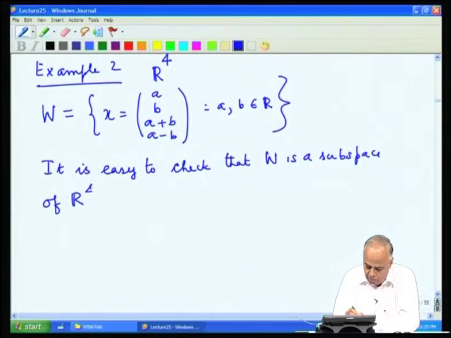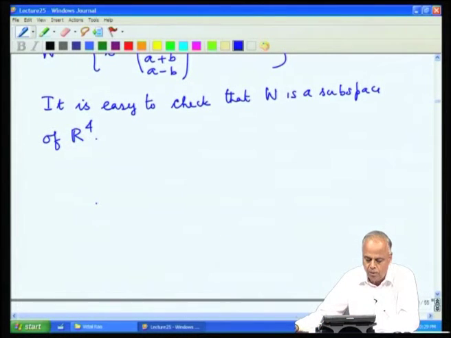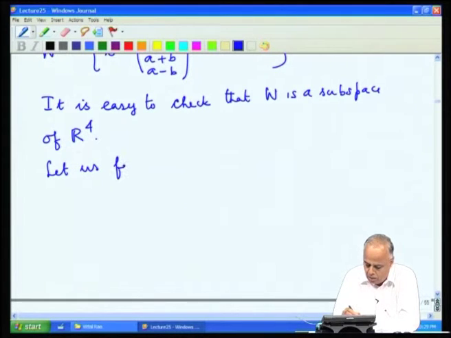So, let us find the orthogonal complement W perp.